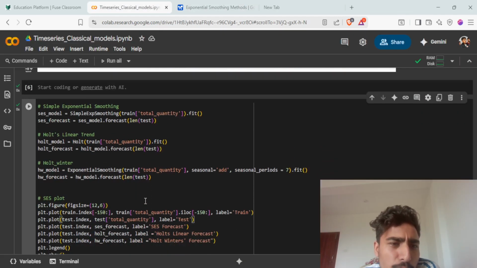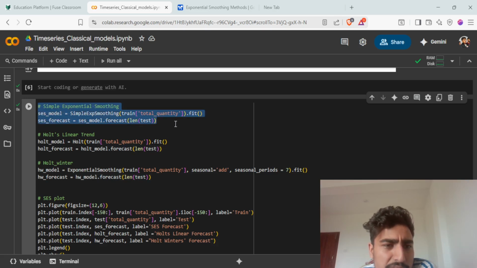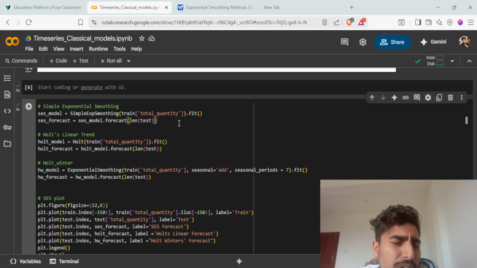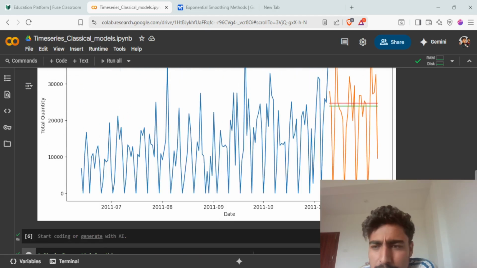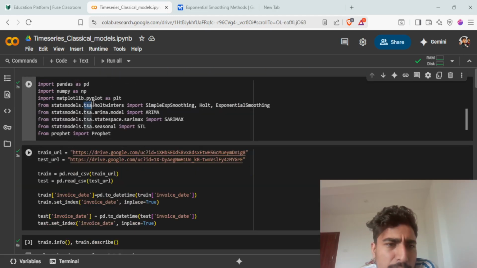Here is the code. I have already written the code so that I can keep the video from getting too long. Here is simple exponential smoothing, SES, and I have imported it from statsmodels. Statsmodels provides simple exponential smoothing, Holt exponential smoothing, and all the functions.